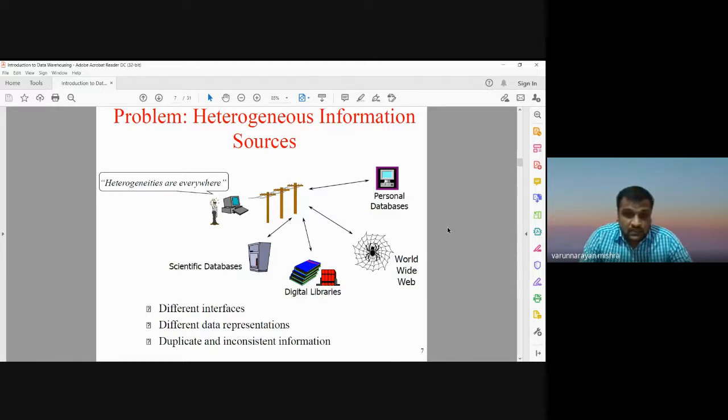As in this figure, there are personal databases, the World Wide Web, digital libraries, and some scientific databases. All these data sets are different from each other, so we have heterogeneous information coming from various sources. It is required to have different interfaces to assemble all this heterogeneous information. There are different kinds of data representation, and there may be some duplication and inconsistencies in the information.